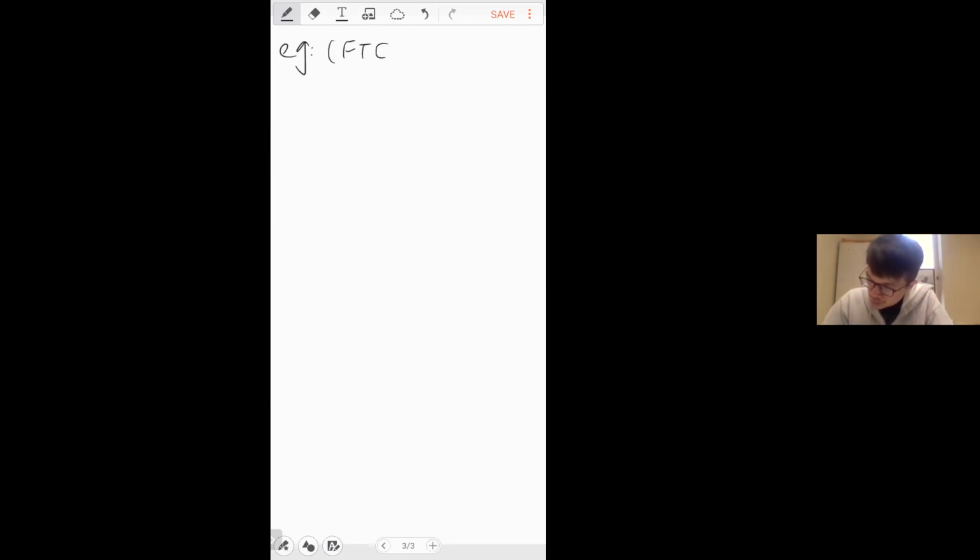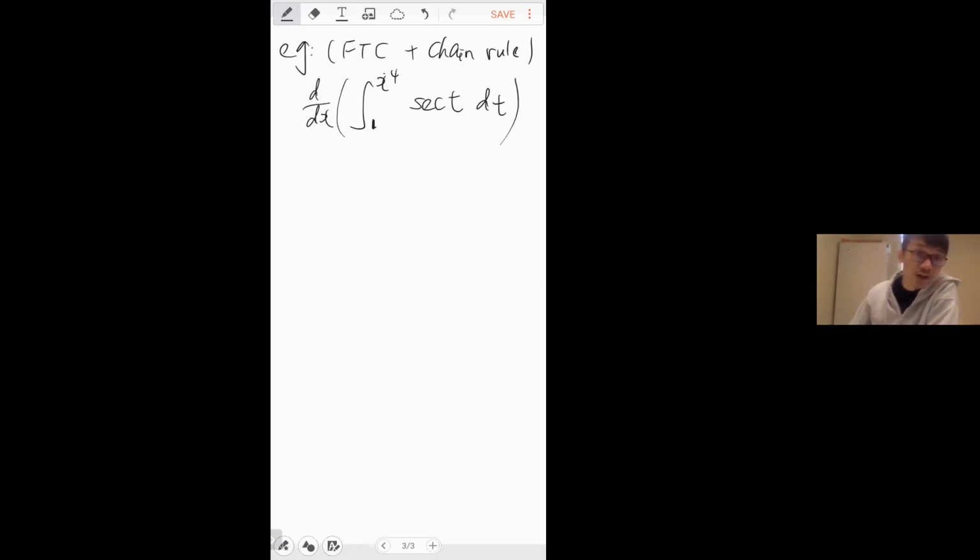So first, maybe I should mention again the example we did last time. Last time the question was, I want to compute the derivative of the integral of this. This is a case where the upper limit is not just x. And then we mentioned that you have to use the chain rule. So the formula is almost the same for the first part.